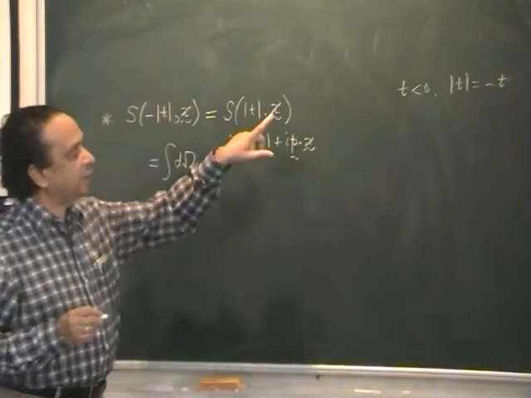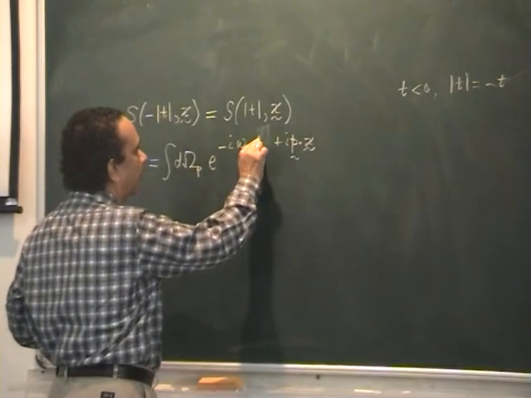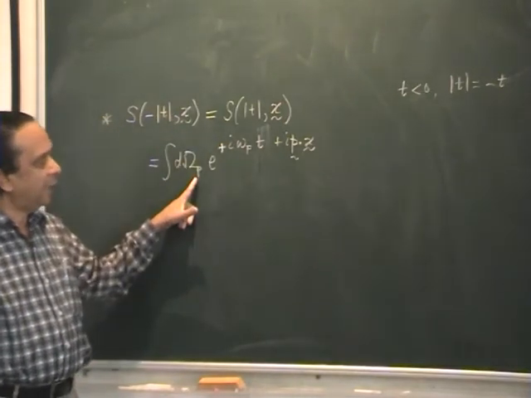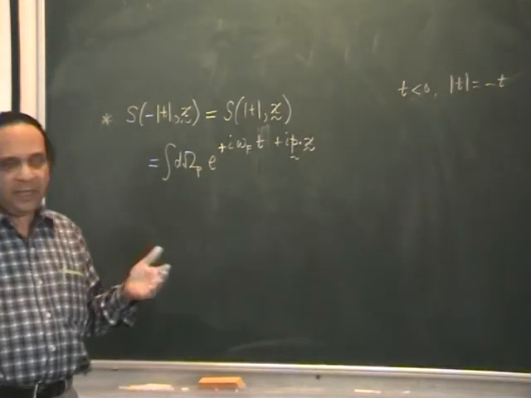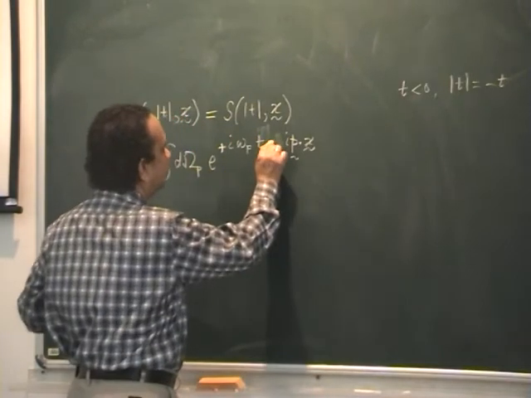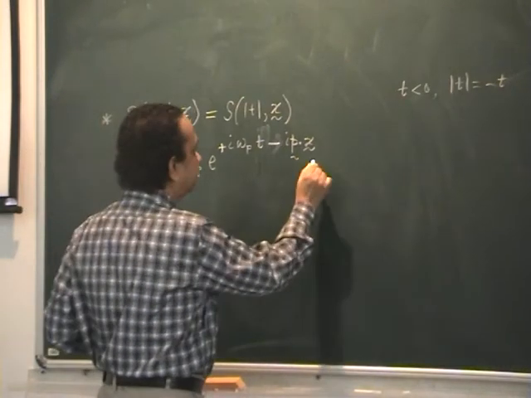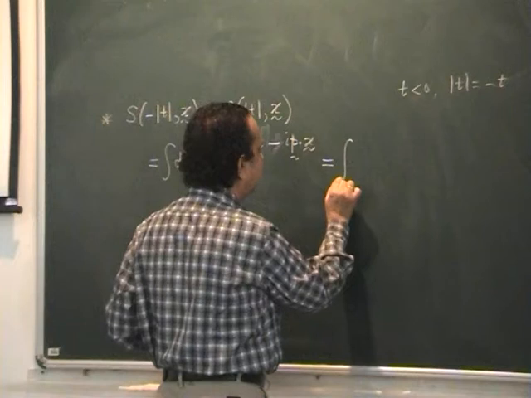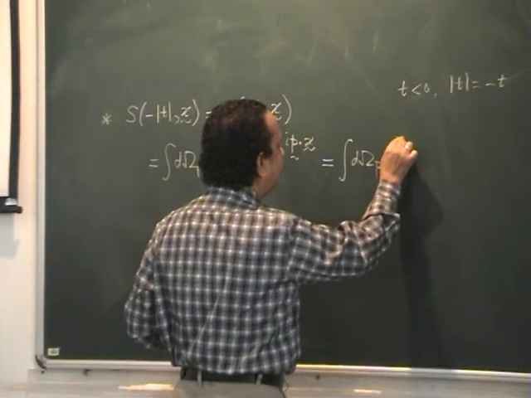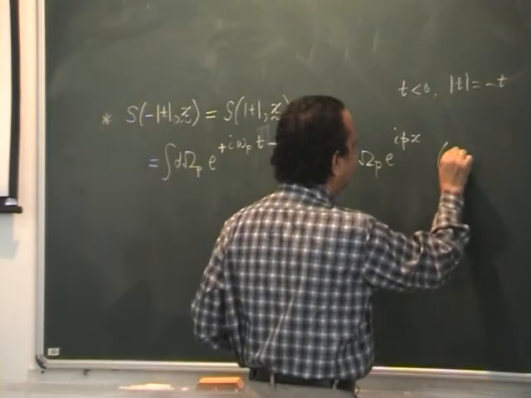But of course, modulus of t now I can replace by minus t. So this becomes t, and the sign gets flipped. Then since omega p depends only on the modulus of p, I can flip the sign of p in order to get it into a Lorentz invariant form. So I get a minus sign here, nothing else changes. So this is equal to the other part of our old friend, d omega p e to the ipx, and this is the value for t less than 0.